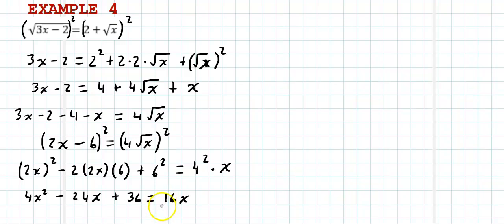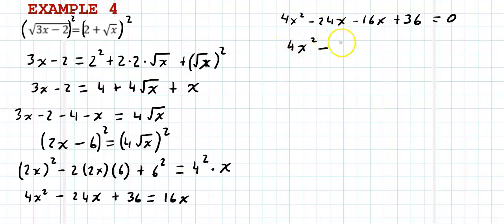So I'm going to subtract 16x from the left side. We have 4x to the second power minus 24x minus 16x plus 36 equals 0. Add the like terms: 4x to the second power minus 40x plus 36 equals 0.